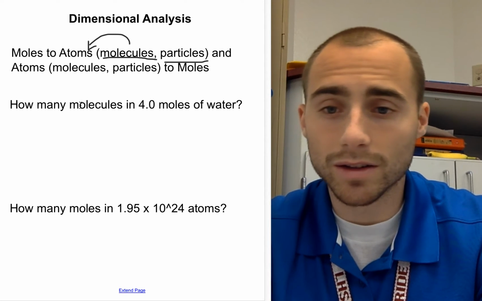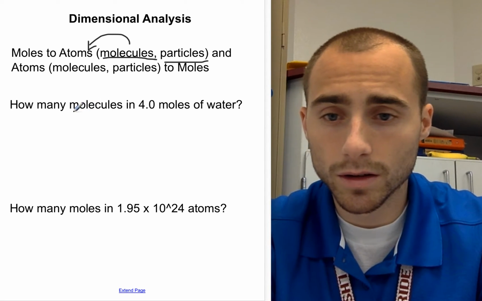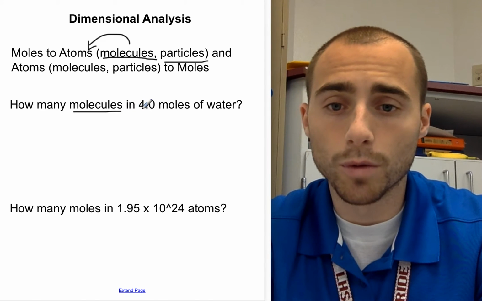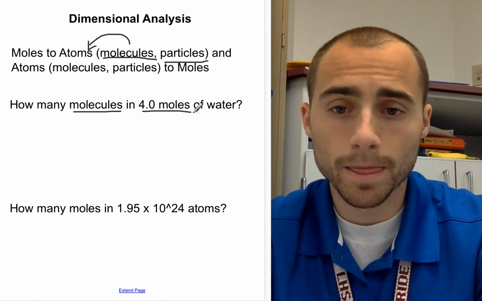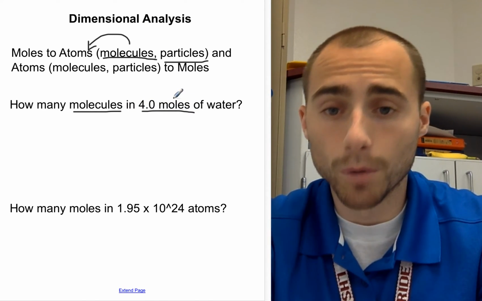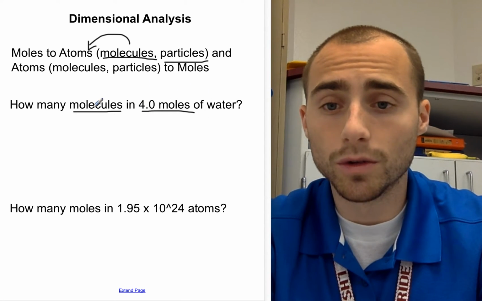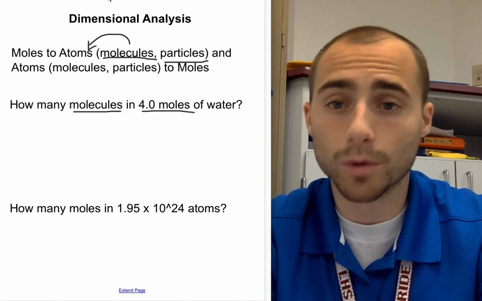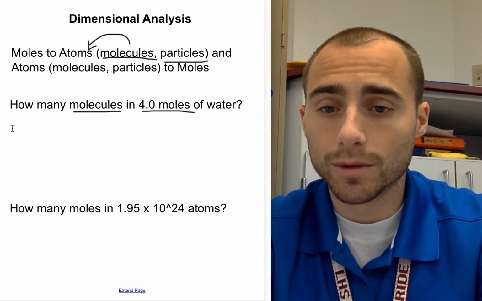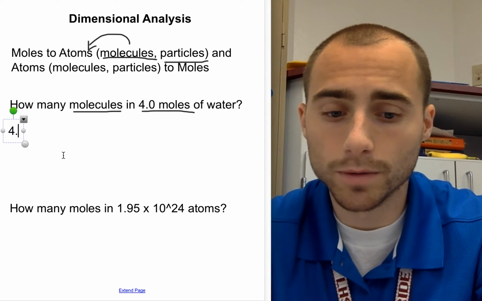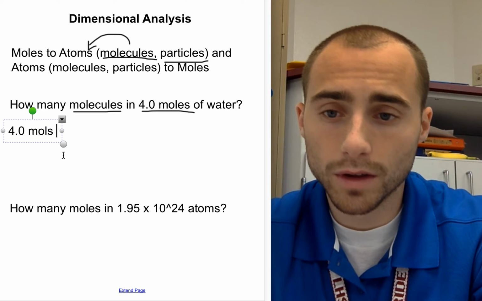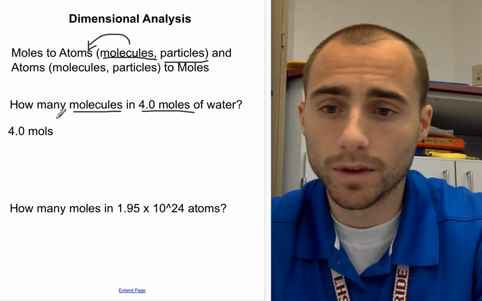For example, right here, it says how many molecules are in 4 moles of water. Therefore, we're going from moles, because we're given moles, to molecules, which is the same as moles to atoms. So we start off with 4.0 moles of water, and then we set up our picket fence.